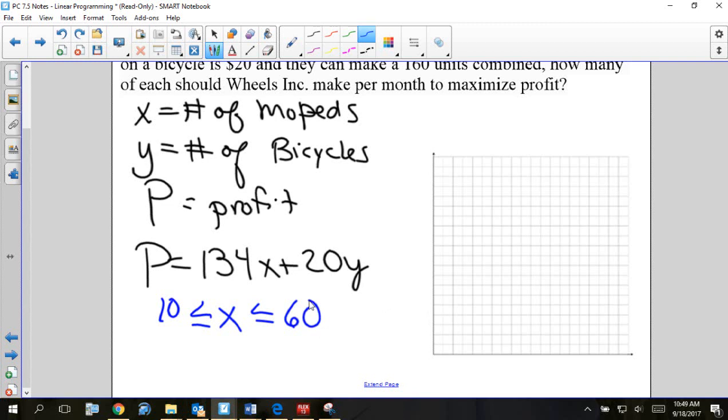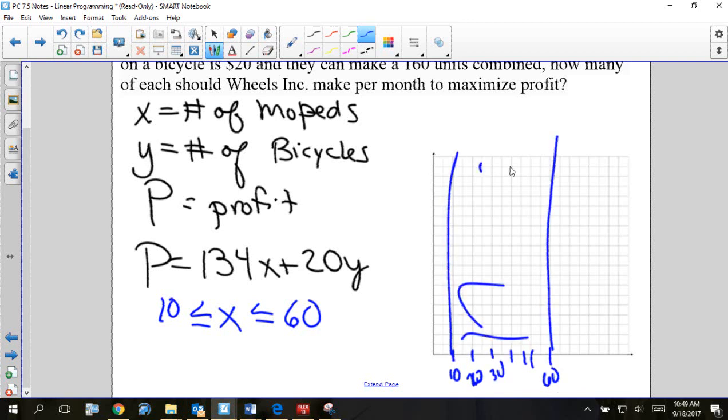So when I go to graph that at 60 and at 10, you probably have to change your scale at this point. Here's 10, 20, 30, 40, 50, 60. At 10 and 60, there's going to be two parallel lines, and you'd shade in between. And we've done that before, too.